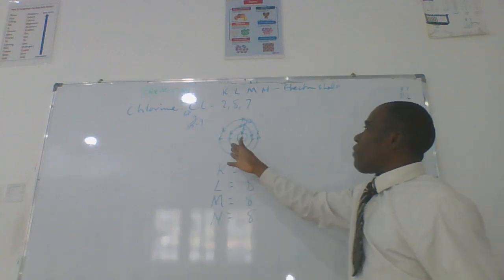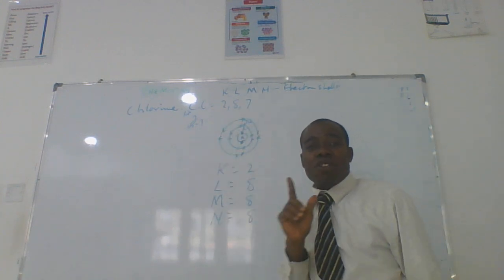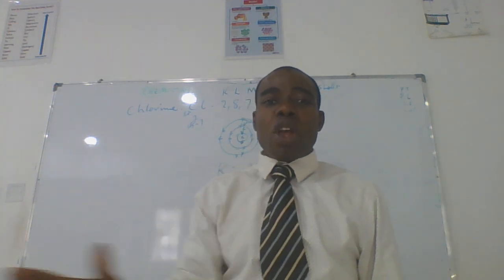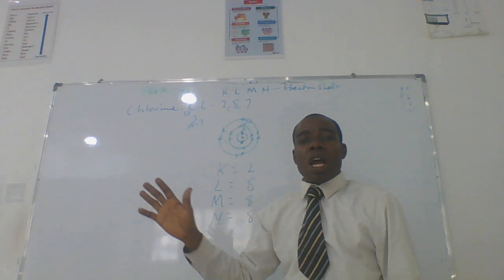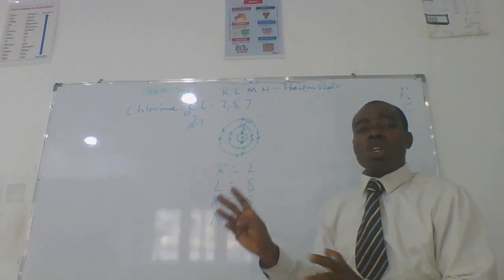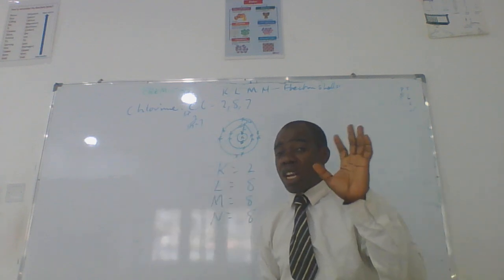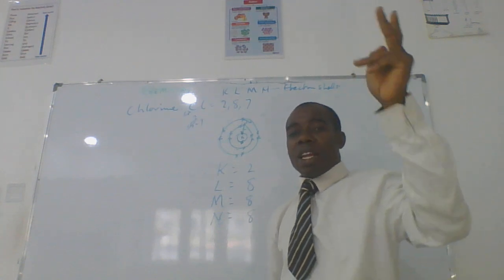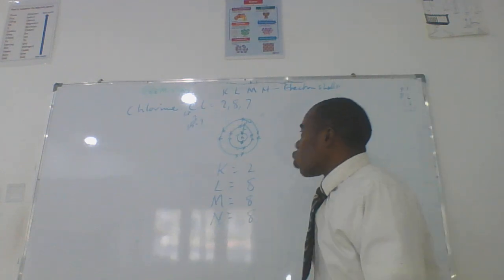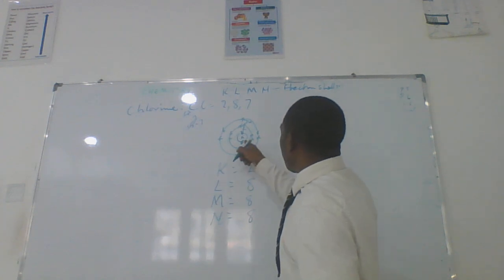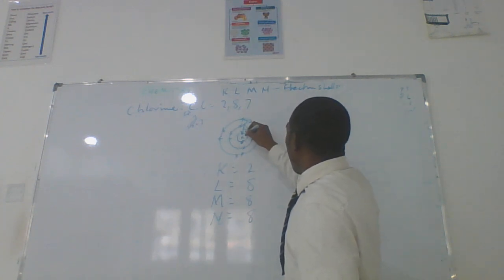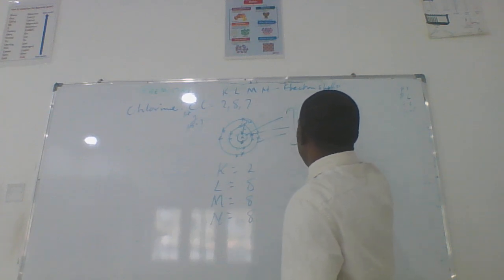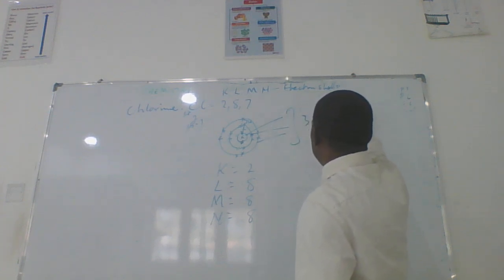So here I'm having just 3 shells occupied by electrons in the atom of chlorine. The atom of chlorine has a total of 17 electrons, and those electrons occupy just 3 shells, the K, the L, and the M shell. So there are a total of 3 shells: 1, 2, and 3.